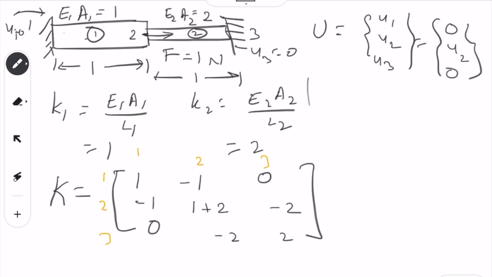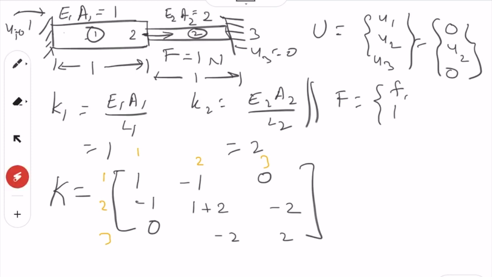Force vector F is equal to, here we don't know, because you have given U, we have fixed this one, there will be a reaction, so we don't know what the force is, so we just write F1. Then F2 equal to 1, which is in the positive X direction, so we write 1.